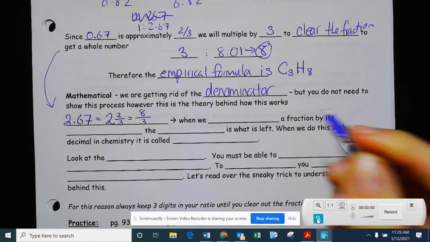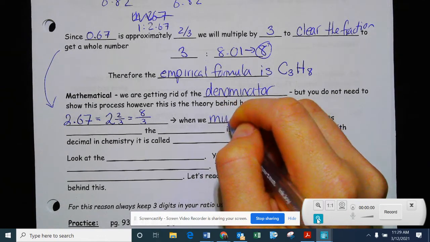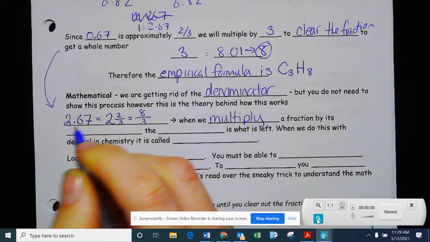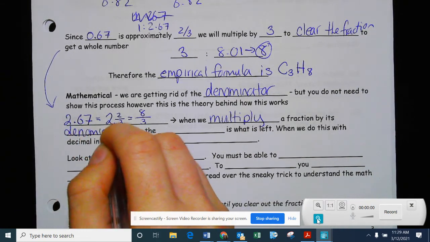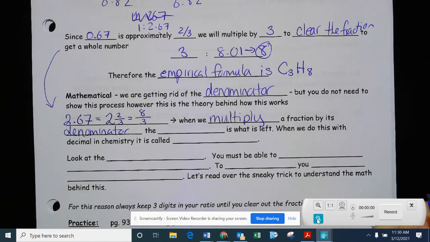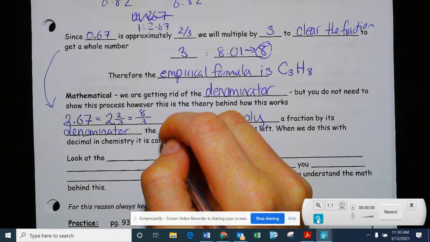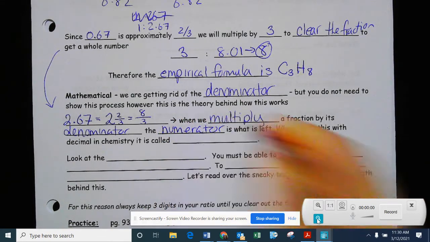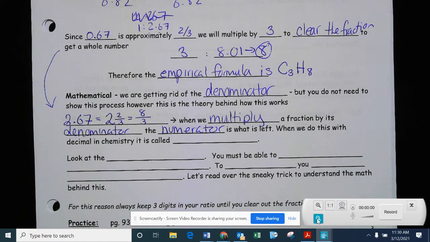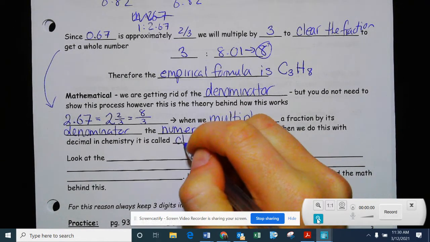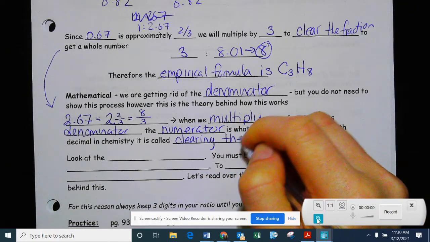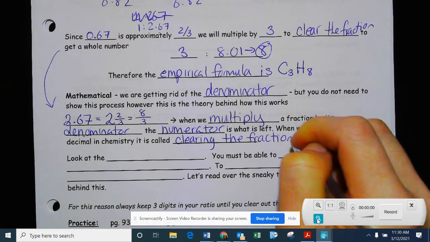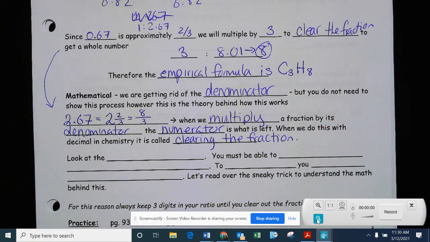So when we multiply a fraction by its denominator, the numerator is what's left. So when we do that with a decimal in chemistry, we call it clearing the fraction. We just don't like decimals in chemistry when we're doing empirical formulas. We want to work with whole numbers. You can't have 0.5 or 0.67 of an atom. So we need to clear the fraction.